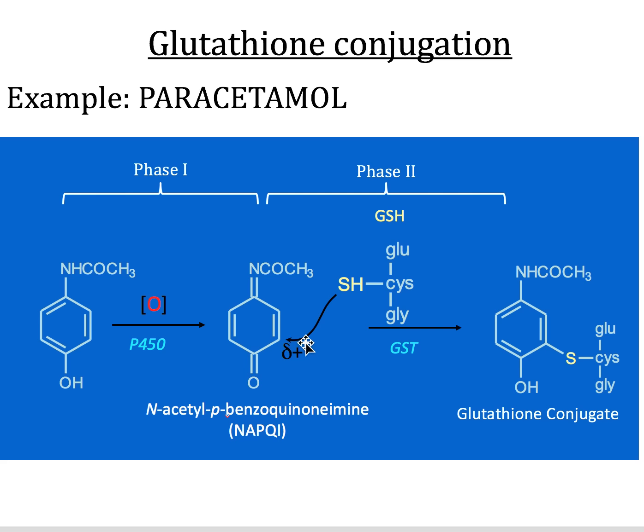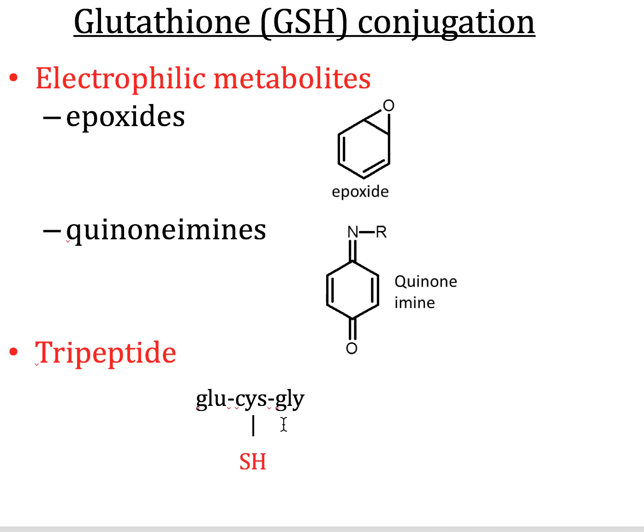Then what happens is in phase 2 you have the donors, which are the GSH, GST. So if you go back, GST is the enzyme. So you've got the tripeptide G, the amino acid, and the SH. So you're interested in the SH part.